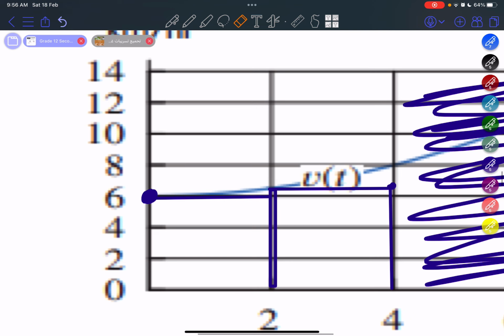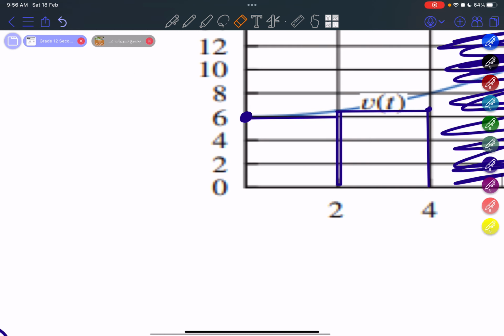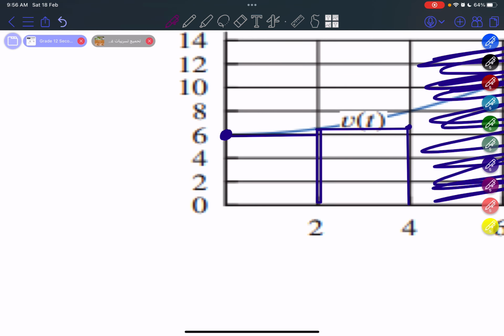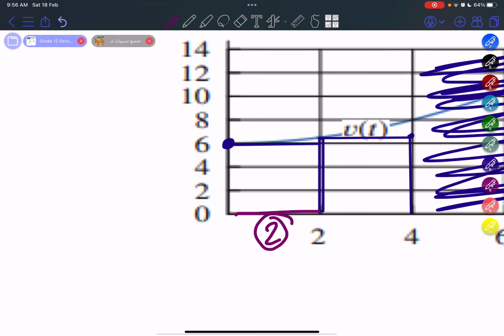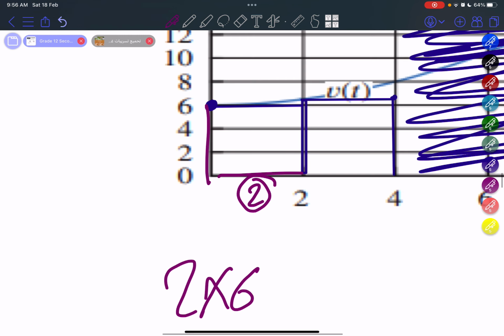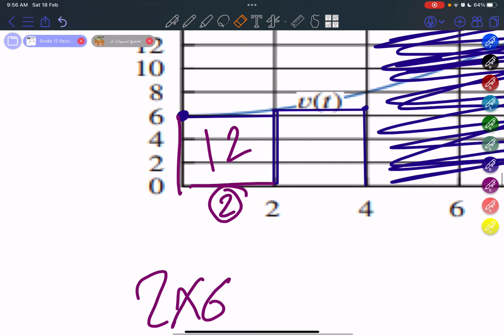Now we can get the area under each rectangle. So delta t, aka the width, equals 2, and the length equals 6. So 2 times 6 is the area of this rectangle. This will equal 12. Again, this is, let's say, 6.1. Width, again, will be 2.